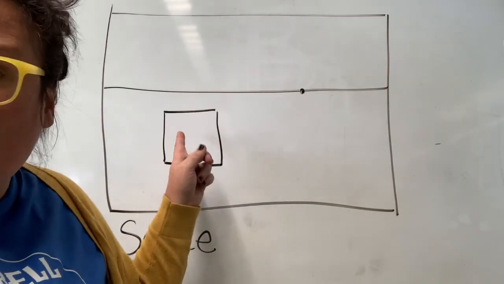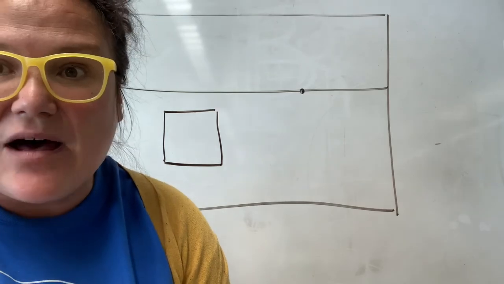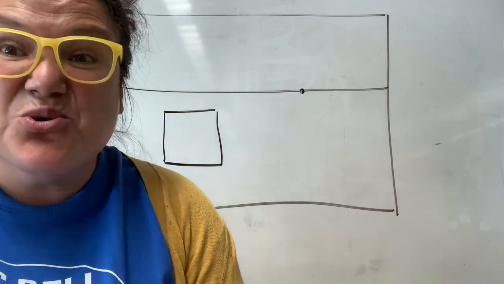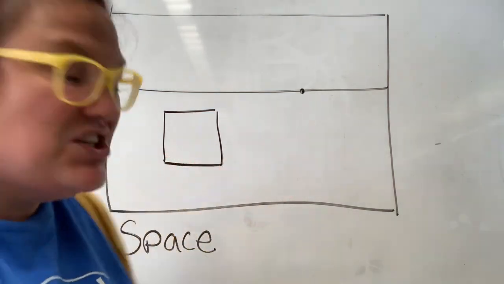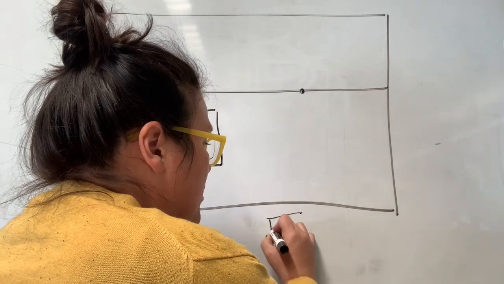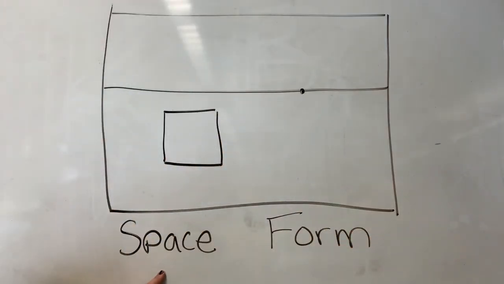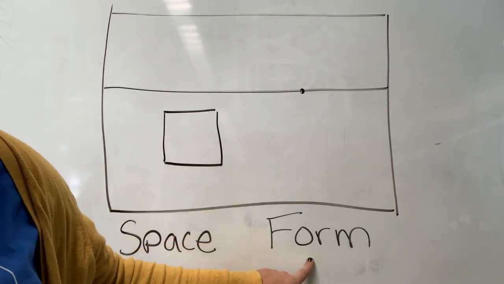Now that square is a shape, what we just learned about, all of our shapes. We're gonna use these tricks to turn this shape into a form. We're gonna use the tricks of space to turn this shape into a form.